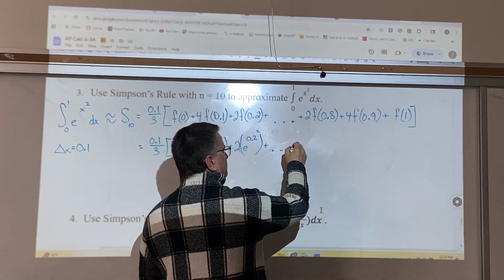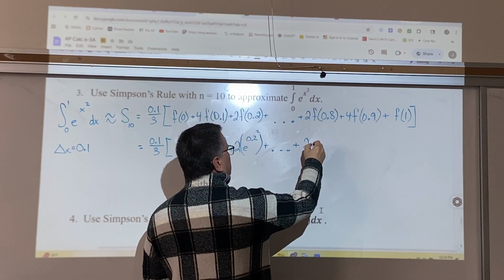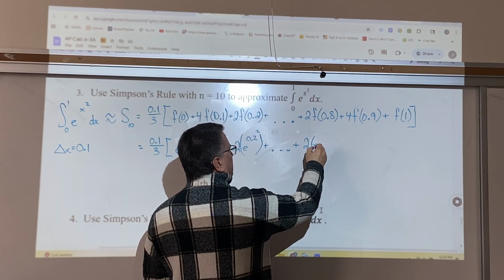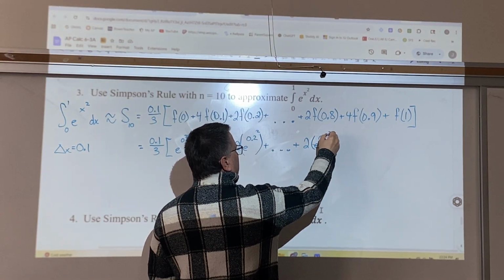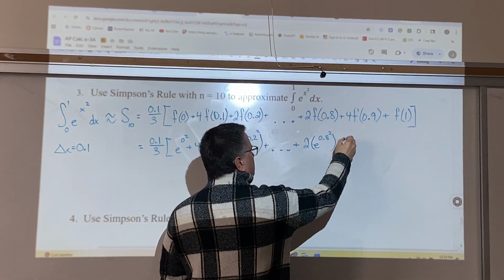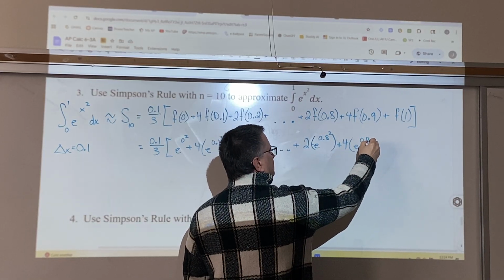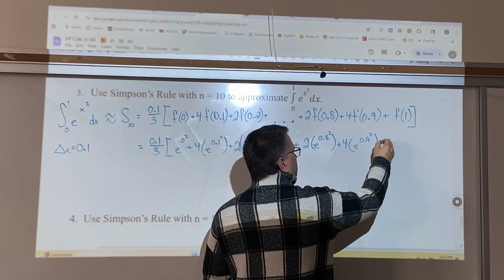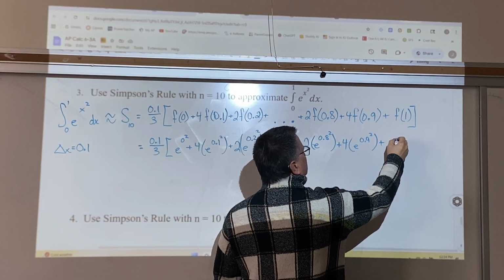Same pattern till I get to the end. 2 times e to the 0.8 squared, plus 4 times e to the 0.9 squared, until I get to the very end, plus 1 times e to the 1 squared.